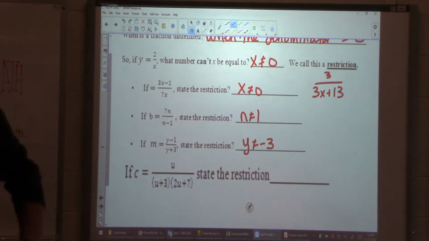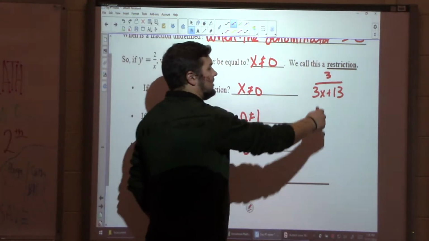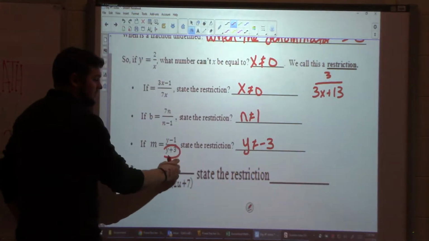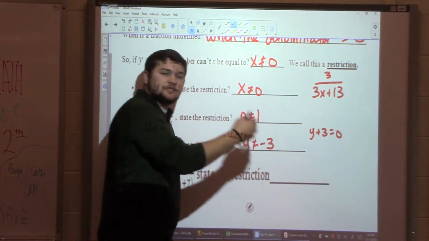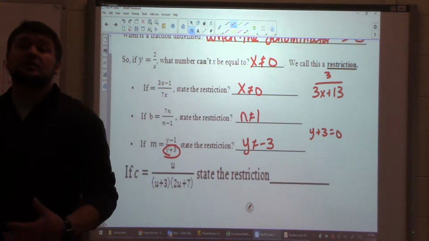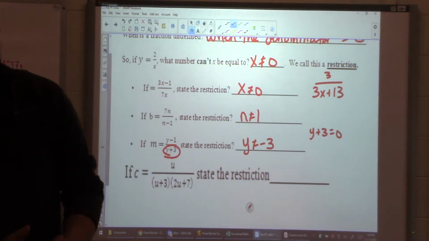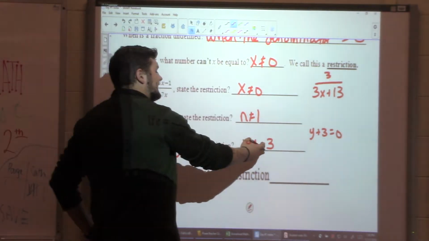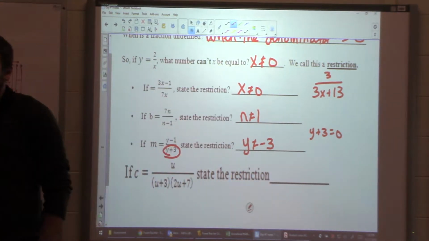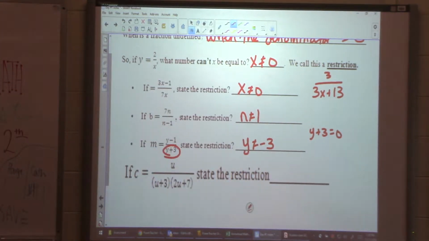Set it equal to 0. You can take your denominator, whatever it might be, in this case y plus 3, and set it equal to 0 and solve for y. That'll tell you what's going to make that piece equal 0. If I subtract 3, I get y equals negative 3, so I know it can't equal negative 3. That would be my restriction. So that's how we can find it if they're a little more difficult.